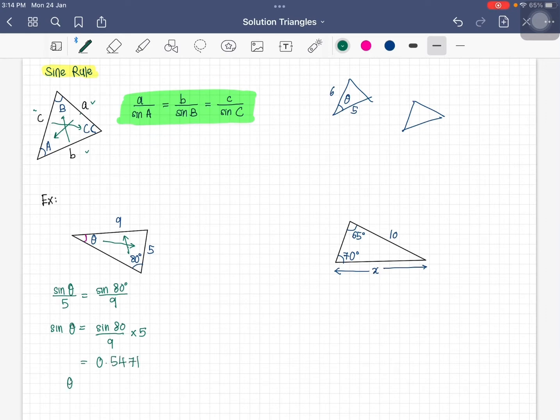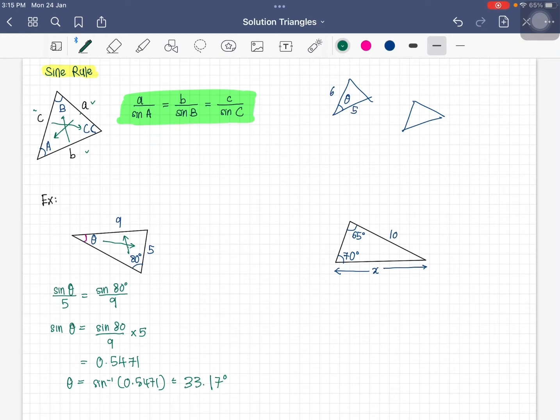Therefore, theta is given by sine inverse of 0.5471, which is 33.17 degrees.